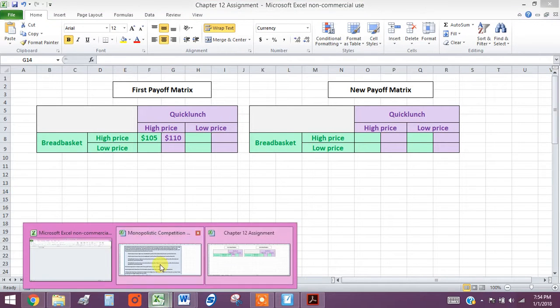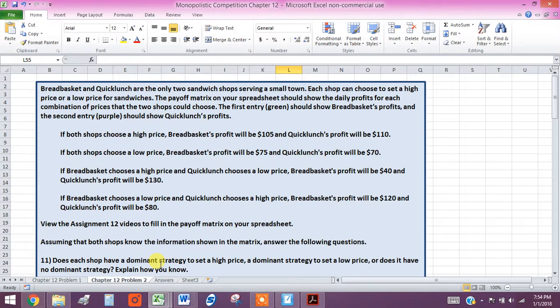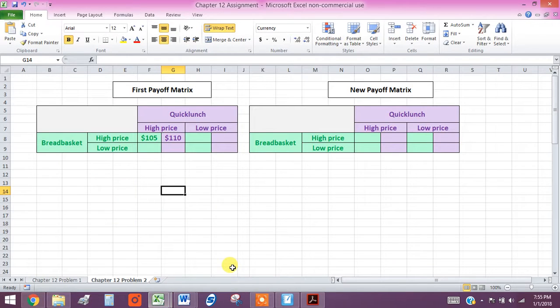Now, if both choose low, Bread Basket's profit will be 75 and Quick Lunch's will be 70. That would be here and here.